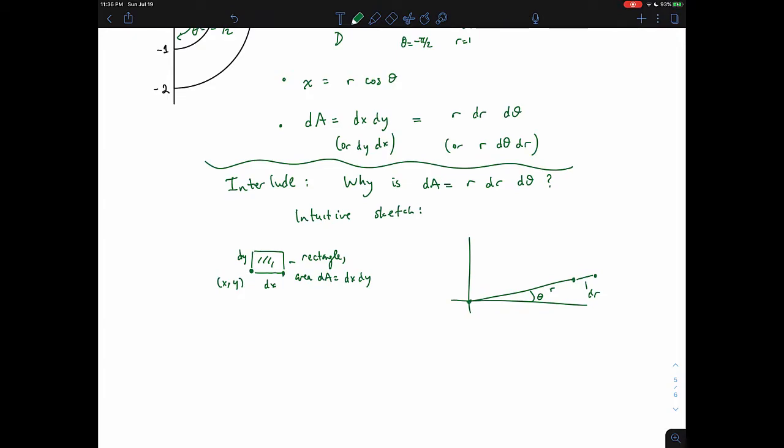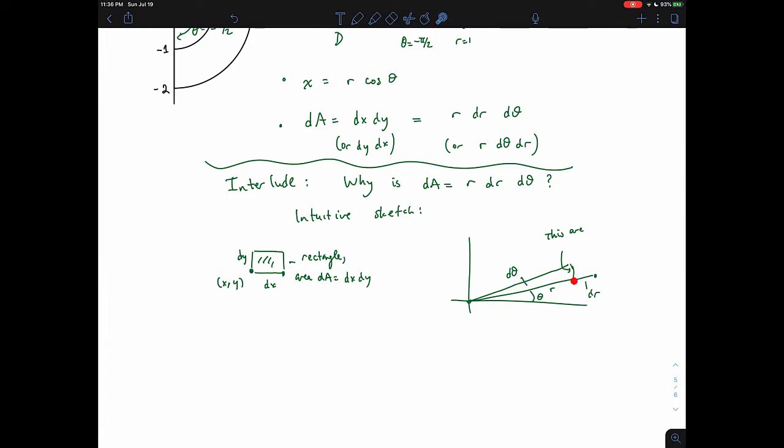But what if the angle theta increases by a small amount d theta? Then this side is not a straight line. It's an arc, a little piece of a circle.